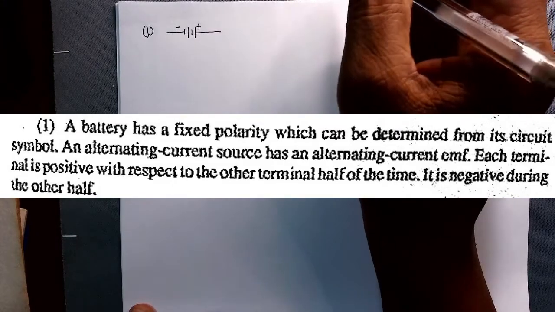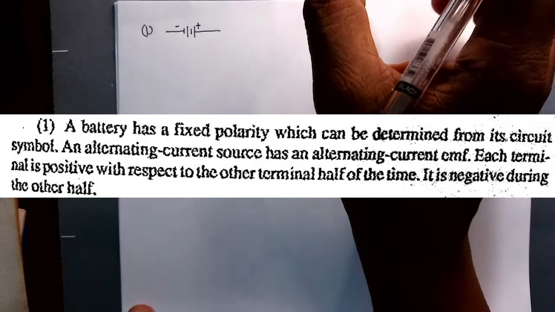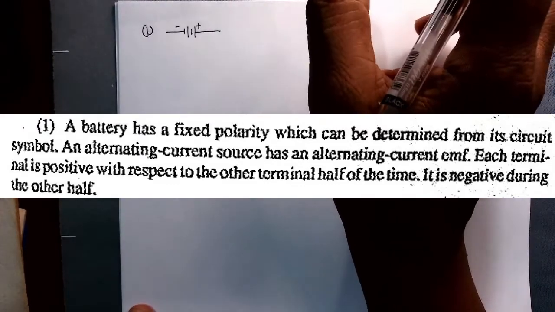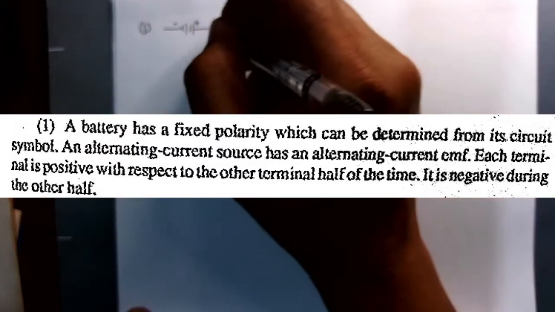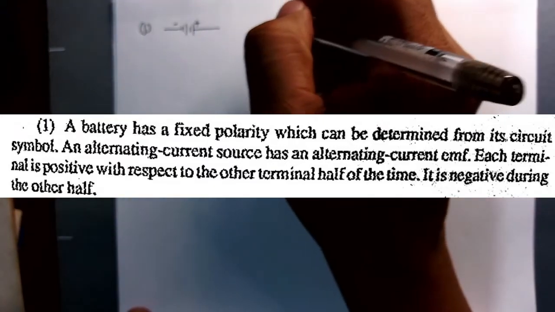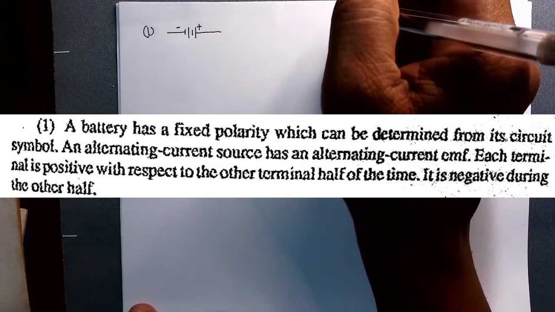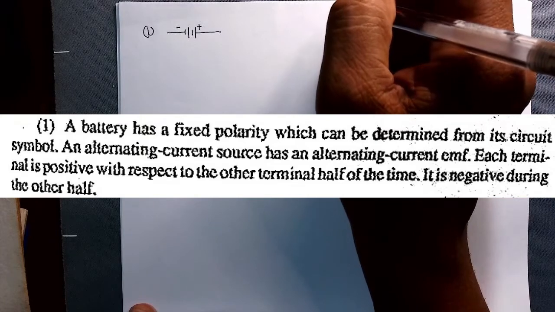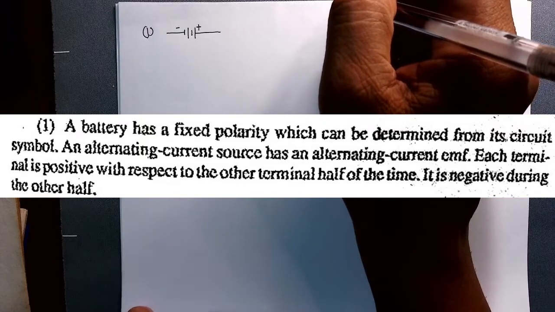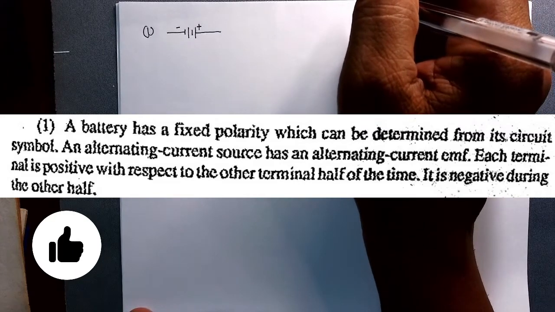So again, we can distinguish the negative and positive through the schematic symbol. We can connect a battery in series or in parallel by considering the polarities of the terminals of the battery.